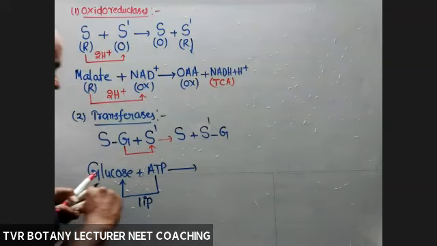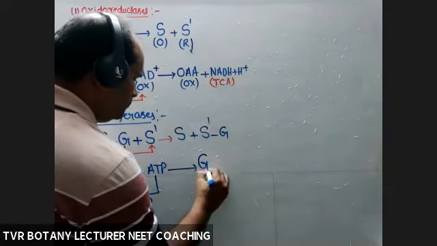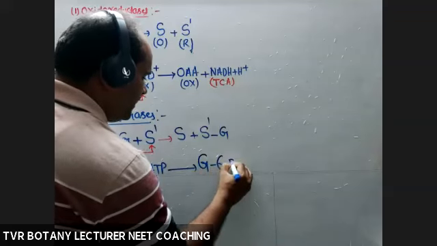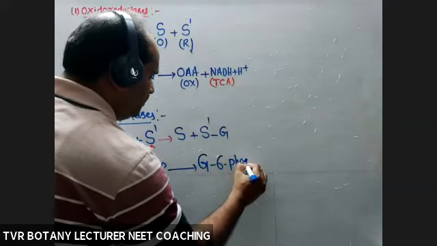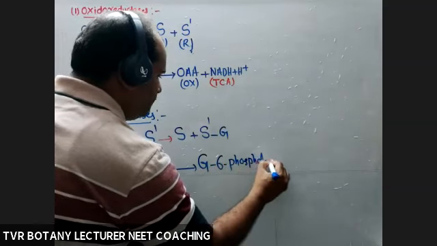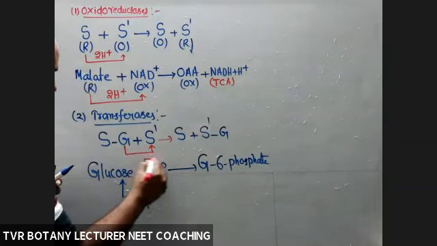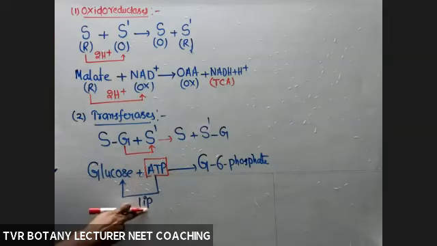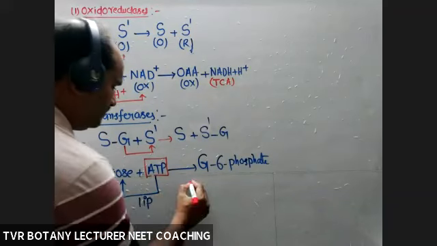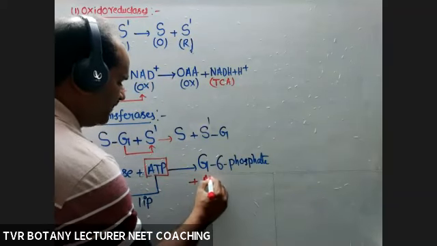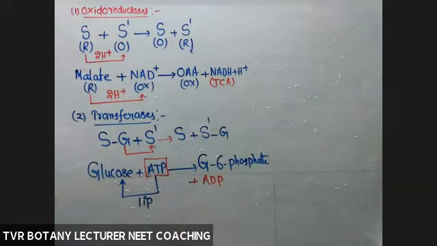So now the product is glucose 6-phosphate. Now glucose is with one phosphate molecule. In between these two molecules, what group is shifted? That is a phosphate from the ATP molecule. So ATP is a donor of that group. Inorganic phosphate is not a hydrogen atom. Glucose 6-phosphate plus one molecule of ADP is produced.